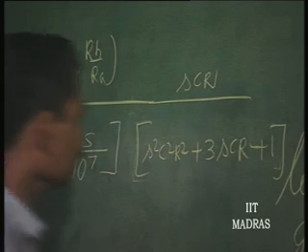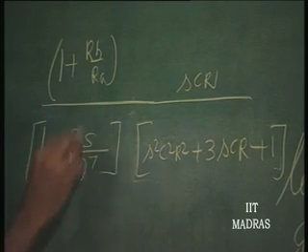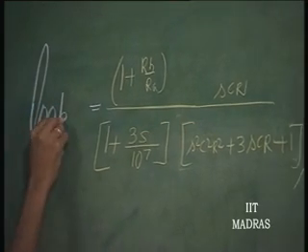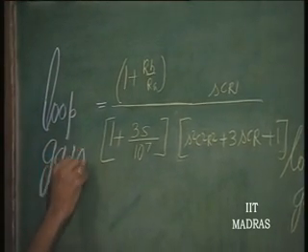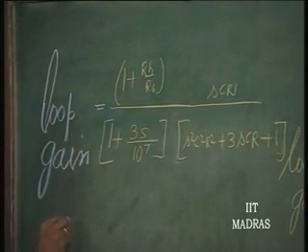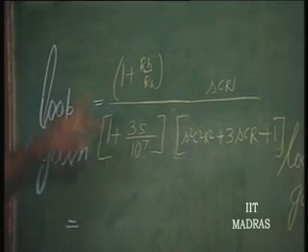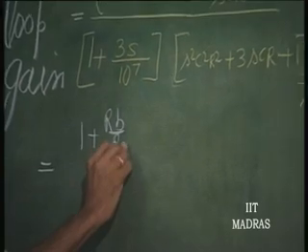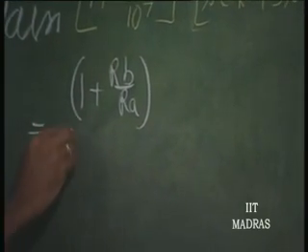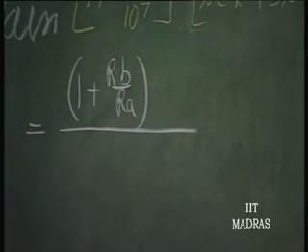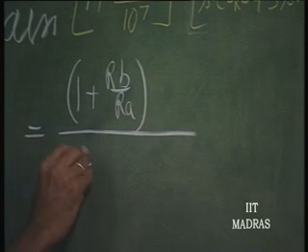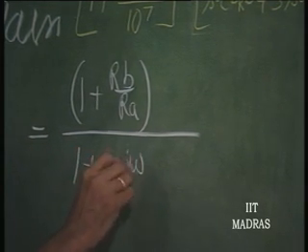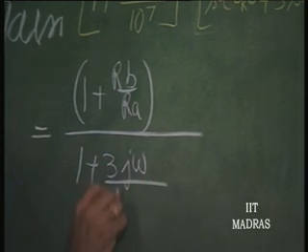So, this is the loop gain. We will rewrite this. This is 1 plus R_B by R_A divided by 1 plus 3 j omega divided by 10 to the power 7.